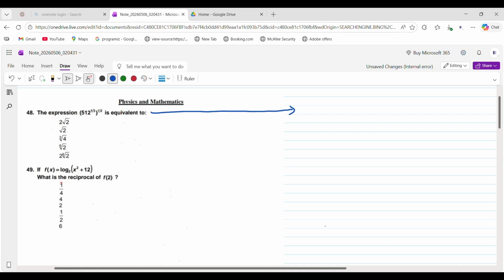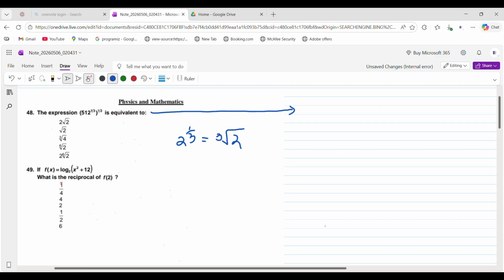Now basically, before solving this expression, you must be familiar with the concept. For instance, if you have 2 raised to the power 1 by 3, it can also be written as 2 under cube root 3.